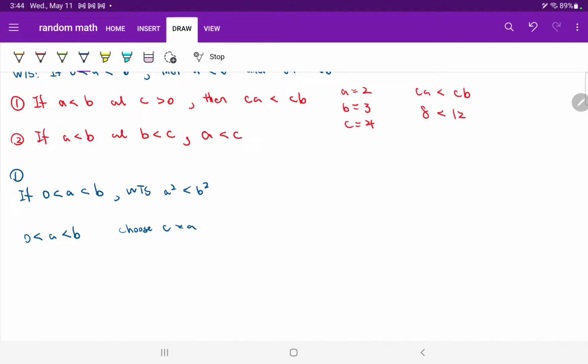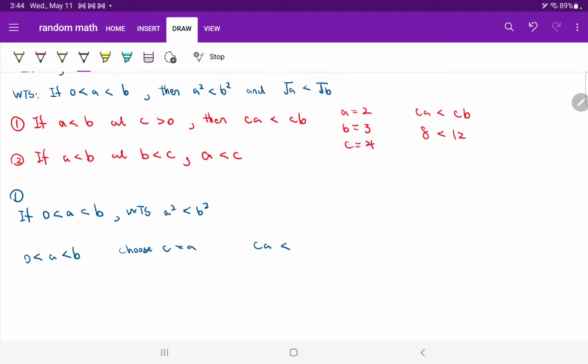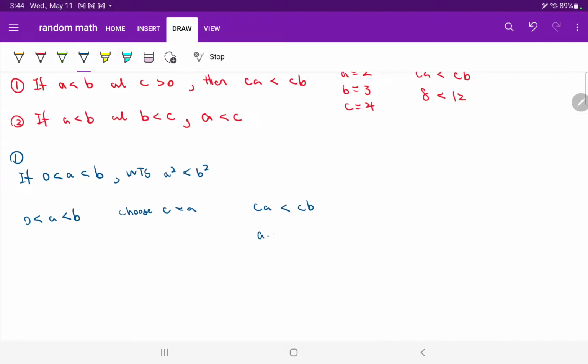So we know that b is bigger than a, so cb must be bigger than ca. With c equal to a, it will be a times a smaller than a times b, which means that a squared is smaller than ab, which is true. If you use any other numbers, you can always substitute and try it out, and this will always be true.